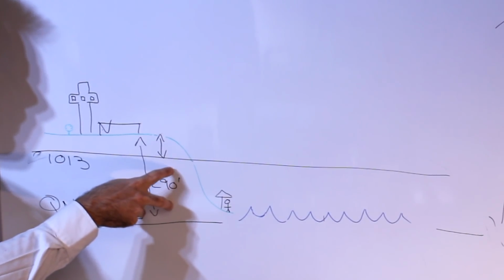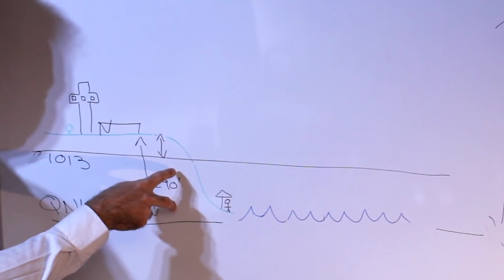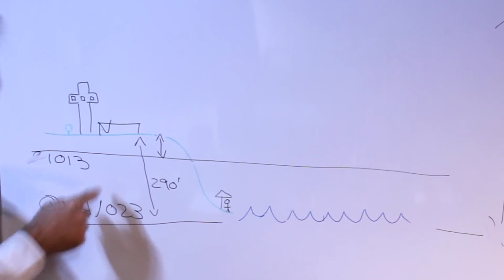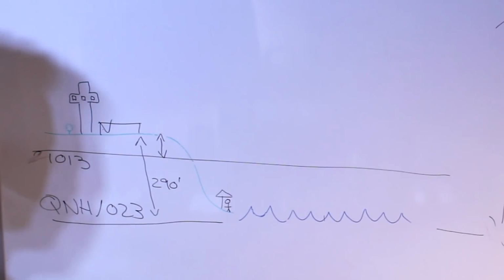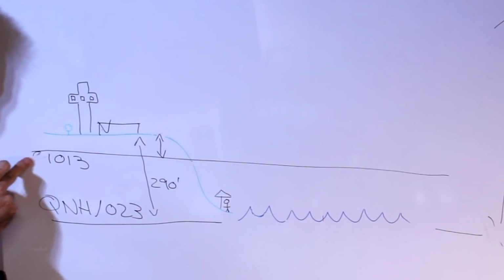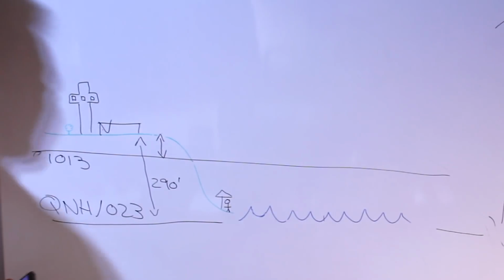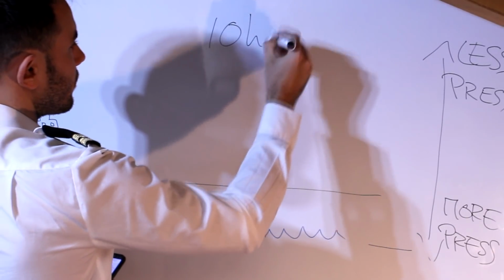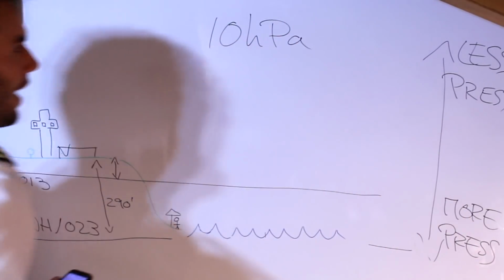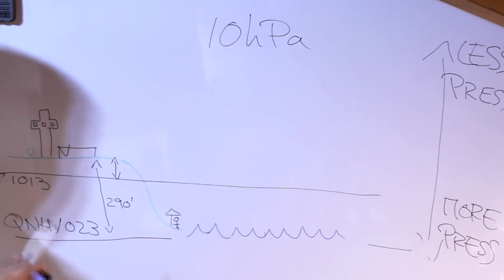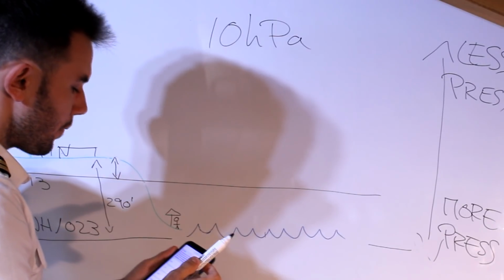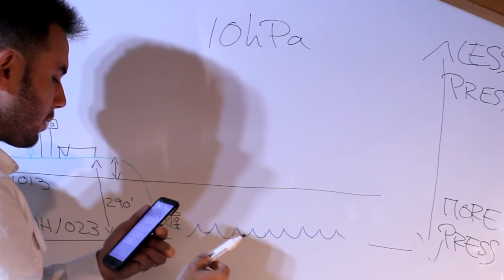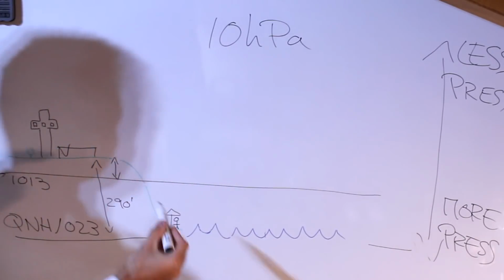So we can calculate this distance very easily, because it's the distance from the 1023 isobar to the 1013 isobar. The difference between these two isobars is 10 hectopascals. And we said, and actually it's in the question, that 1 hectopascal corresponds to 27 feet.